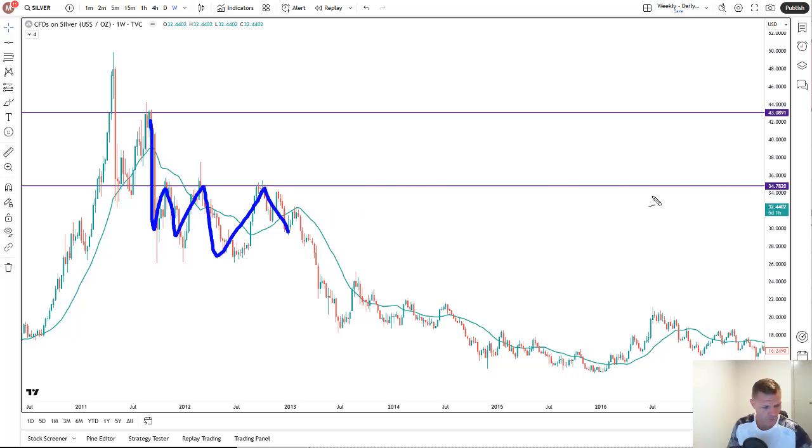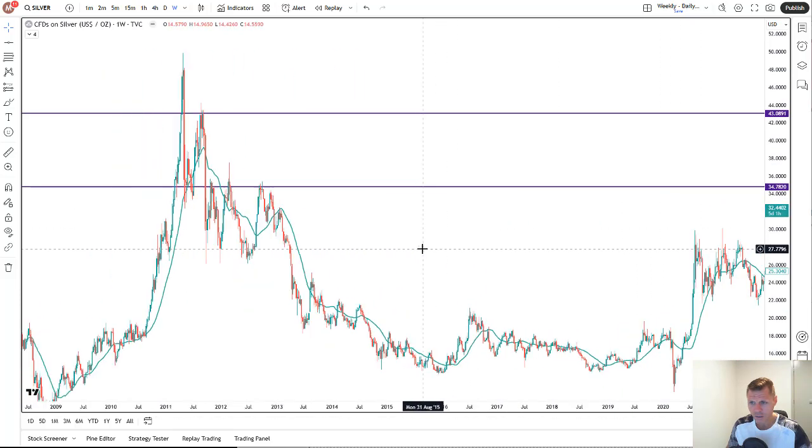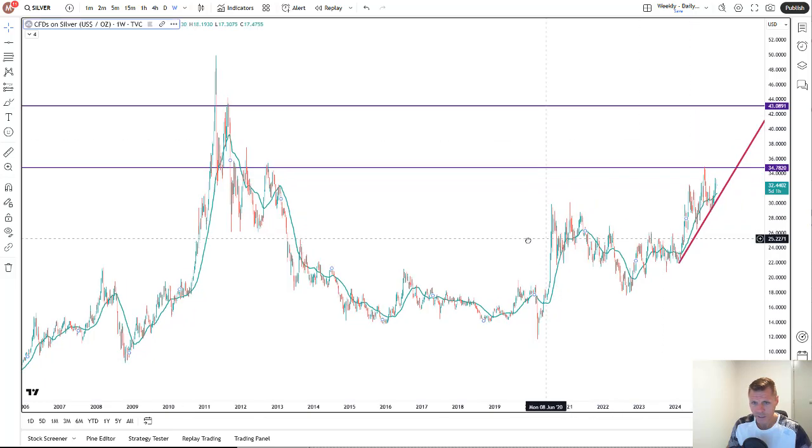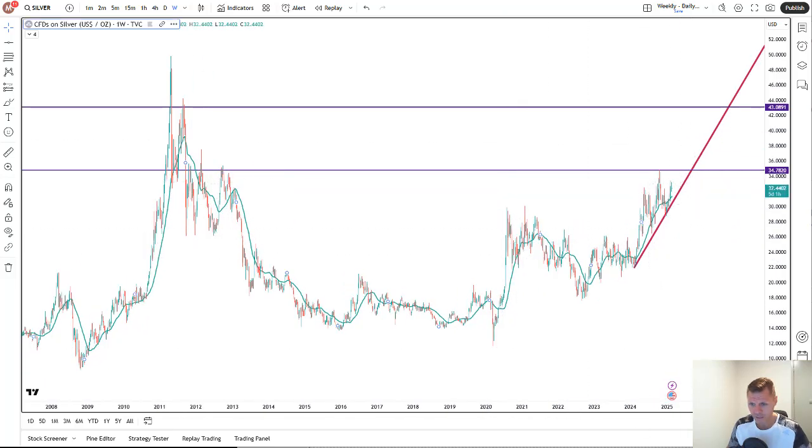So let's actually squeeze this chart up a bit more, as you can see. If we do hold here, and for some reason, once gold starts to get the pullback, silver doesn't pull back too much, maybe we just do something like that and then break out, then silver could be getting ready for a really, really nice move, because that's the resistance, and the next resistance is up here.